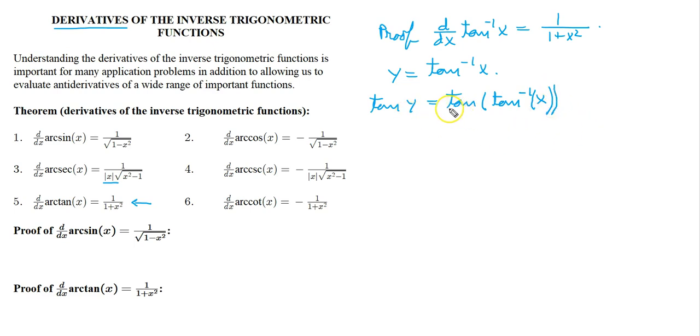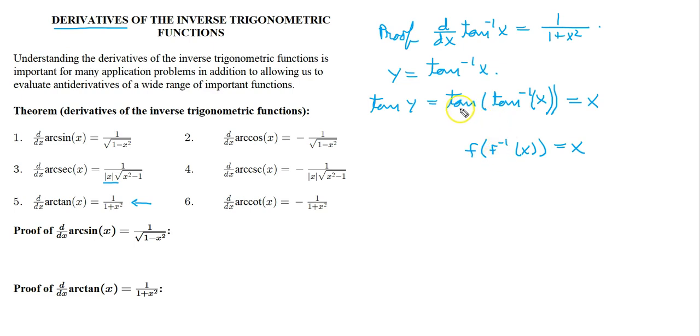Now the right-hand side here, tangent of the arctangent or inverse tangent of x, that's just going to be x. That's very reminiscent of f of f inverse of x equaling x. Recall that this is the relationship that a function and its inverse have.